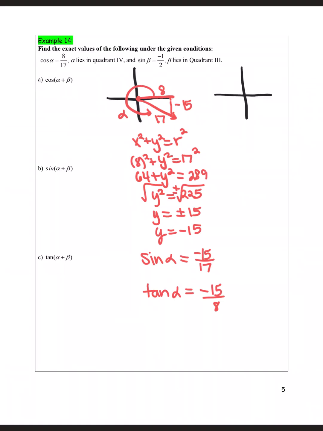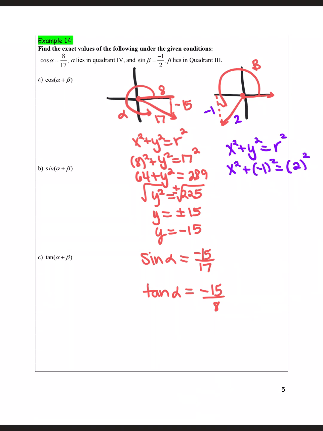For beta, we're in quadrant 3. Here we have that y is negative 1, r is 2, and we don't know what x is, so we're going to find x by saying x squared plus y squared equals r squared. x squared plus negative 1 squared equals 2 squared. x squared plus 1 equals 4.